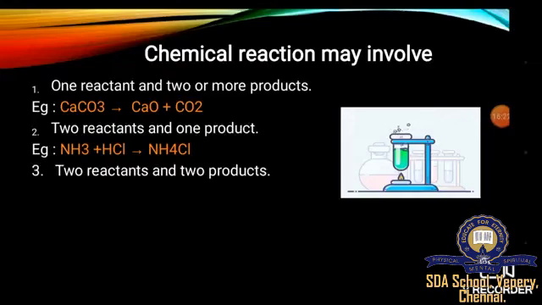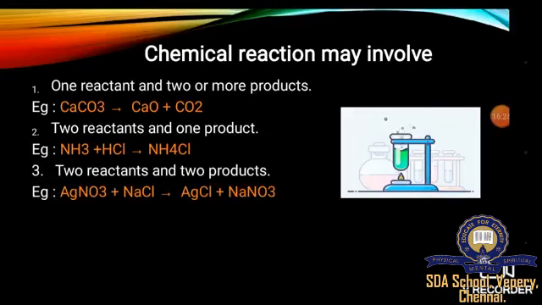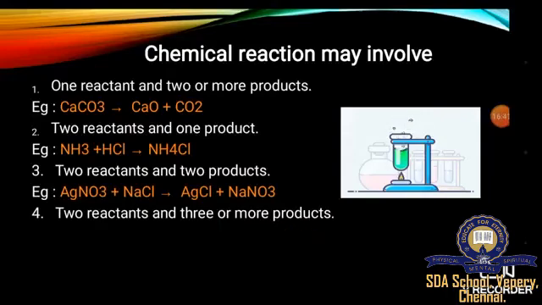Another type is 2 reactants and 2 products. Here the example is AgNO3 plus NaCl gives AgCl plus NaNO3. Here 2 reactants are combined and they give 2 products. The next type is 2 reactants and 3 or more products.